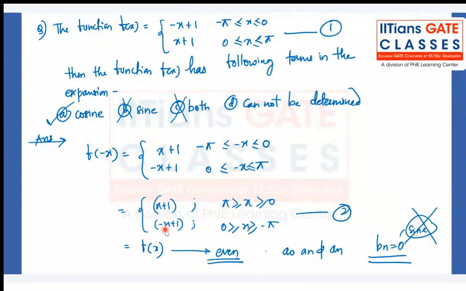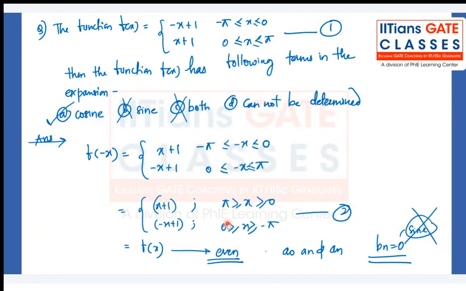For the second case, minus x to minus x plus 1, what they are saying is 0 is less than or equal to minus x. What does it mean? It means x is less than or equal to 0. Or 0 is less than minus x. Okay, 0 is less than minus x.